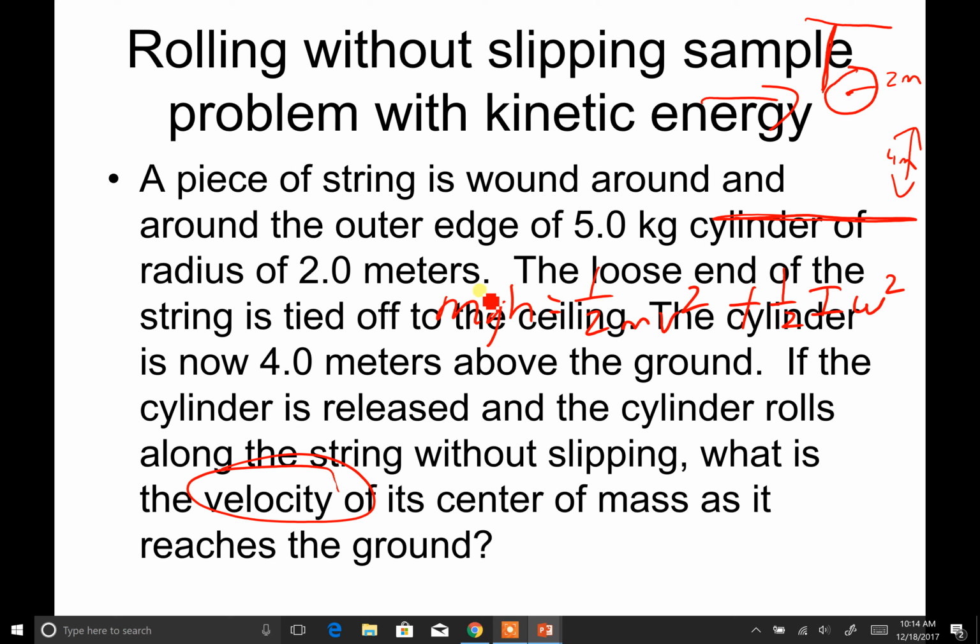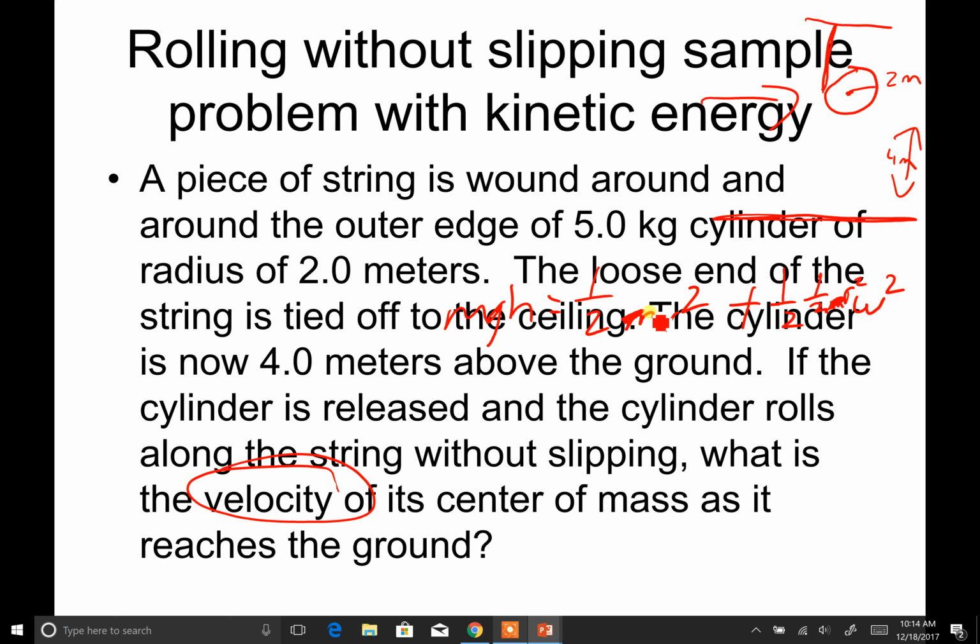Well, notice that the masses cancel out. Well, not yet. Let's go back and make another substitution before the masses will cancel out. The moment of inertia of a cylinder is 1/2 mr squared. So let's substitute that in here. So again, the masses are going to cancel. Mass is part of every term.